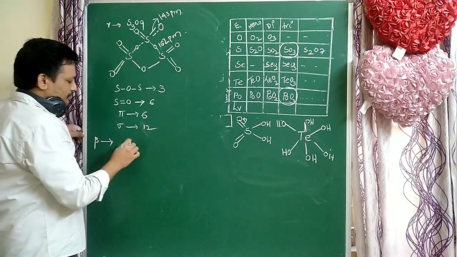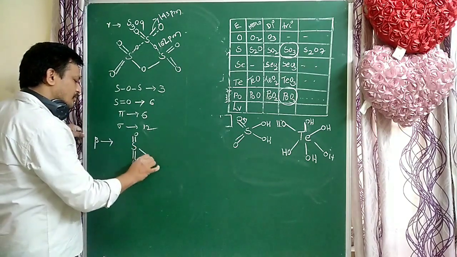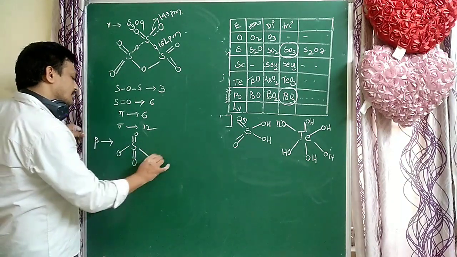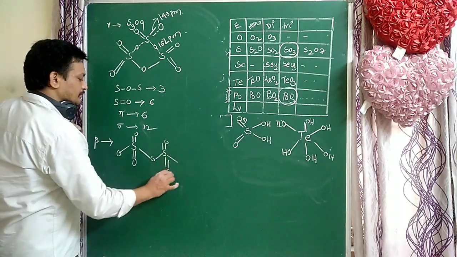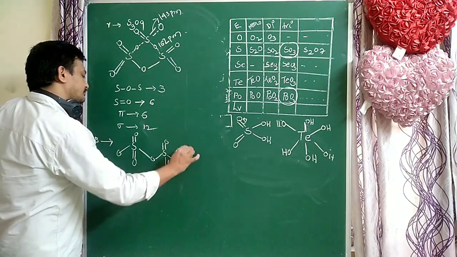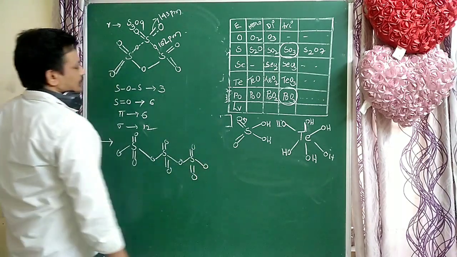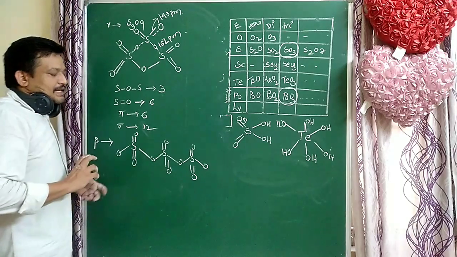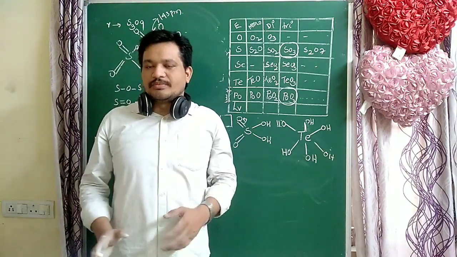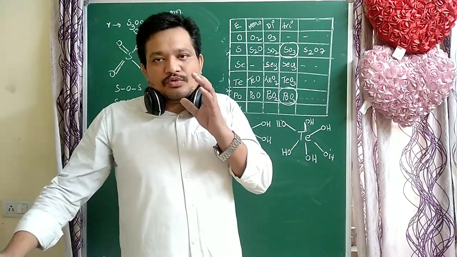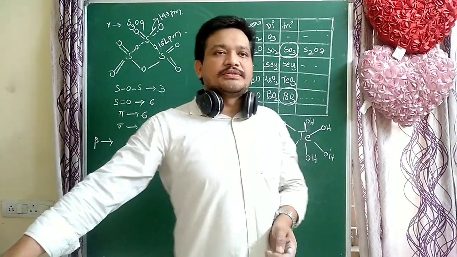The beta form has chains of S, O, and O units, like a tetramer. But the alpha form is a cross-linked polymer, and that is the most stable. The alpha form is the most stable, very, very important, students.